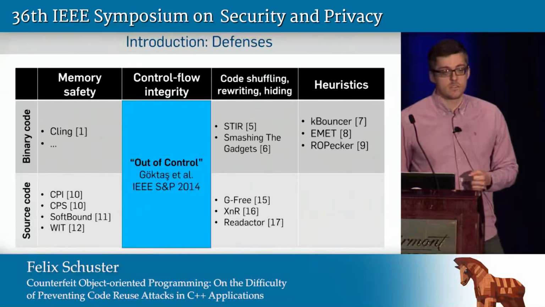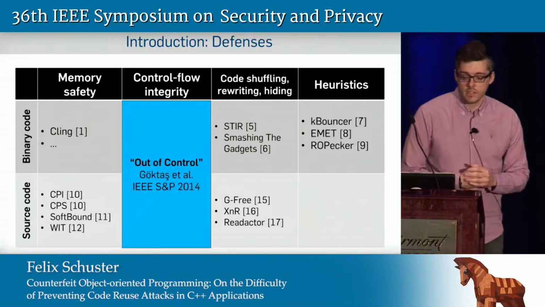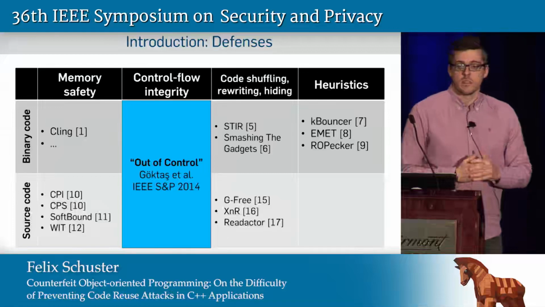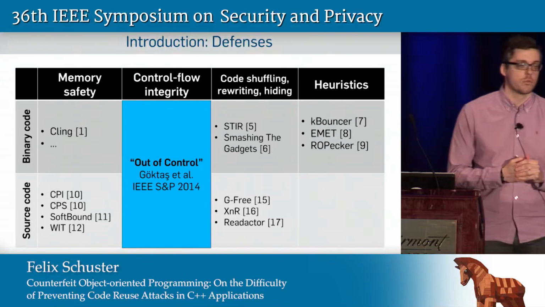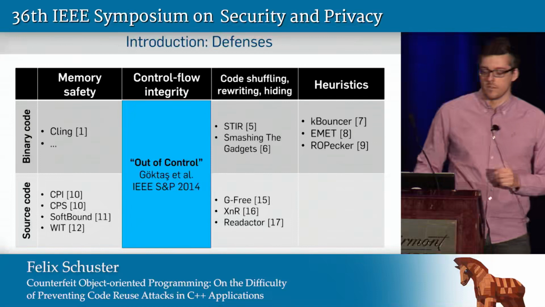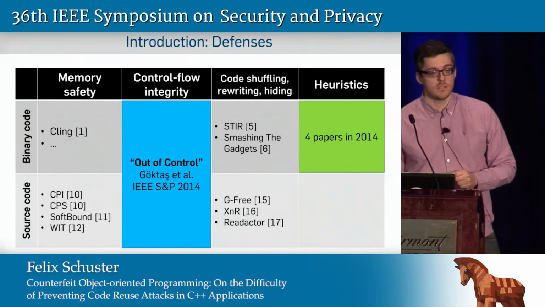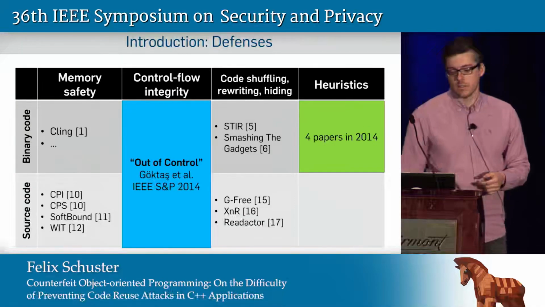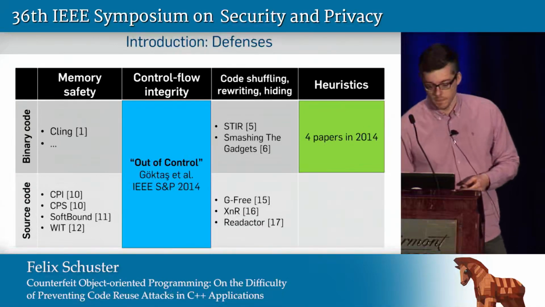Last year at this conference, there was the out of control paper by Göktaş and others, and they essentially showed that different control flow integrity mechanisms relied on certain assumptions that are not necessarily correct in practice. They were able to demonstrate attacks that bypassed some of these CFI systems. Additionally, there have been 4 papers last year, 2 from our groups, which showed that certain heuristics-based systems are not sufficient in practice.